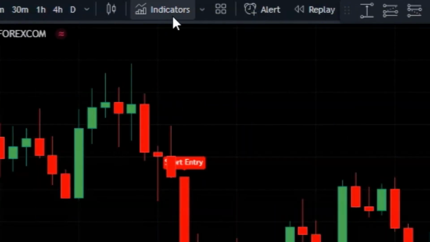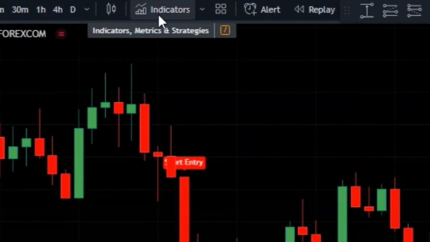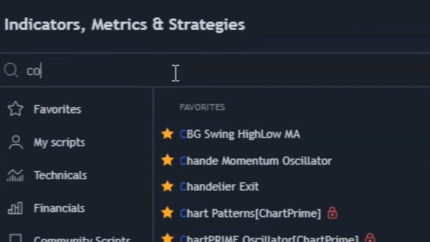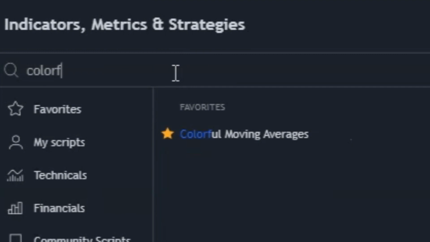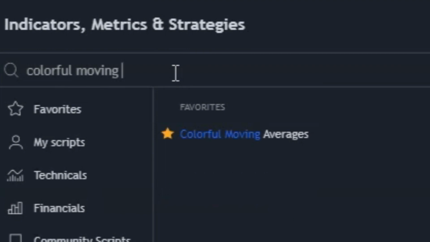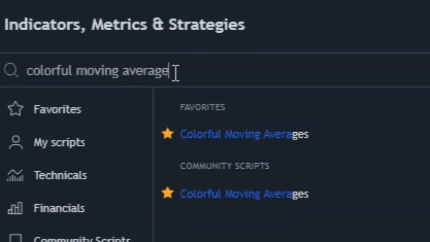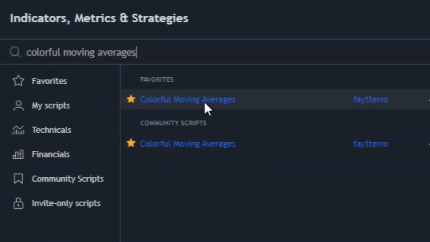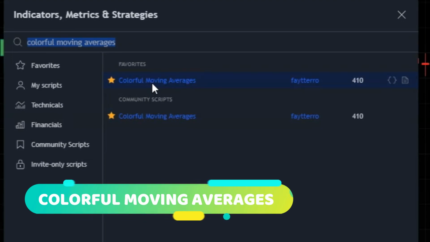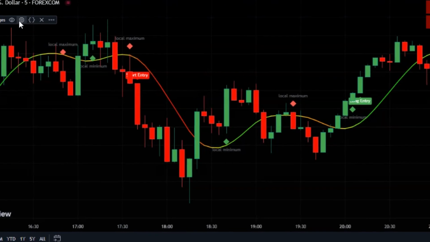The next step is trend confirmation. For that, we'll use the colorful moving averages indicator, but we need to optimize its settings.